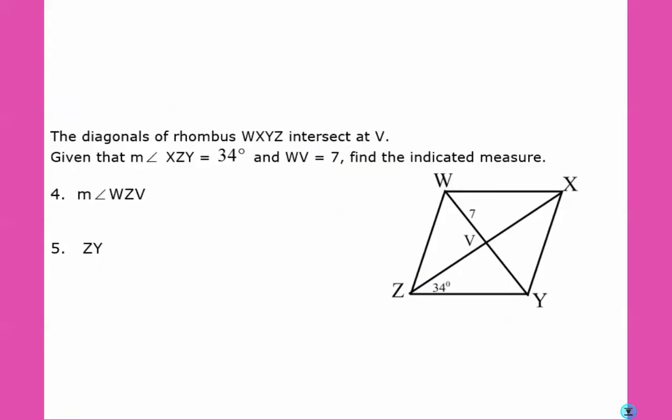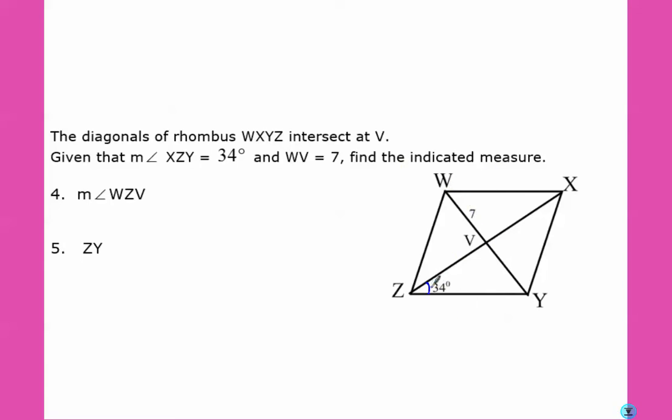All right, the diagonals of a rhombus WXYZ intersect at point V. Given that XZY, so X to Z to Y, this one right here is labeled for us as 34 degrees, and W to V is 7. Find the indicated measure.